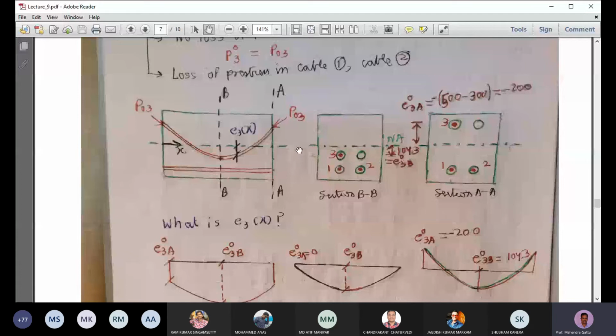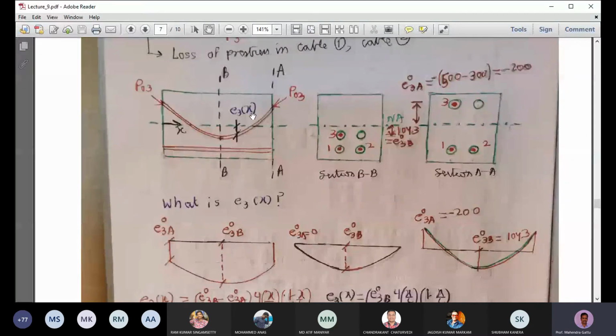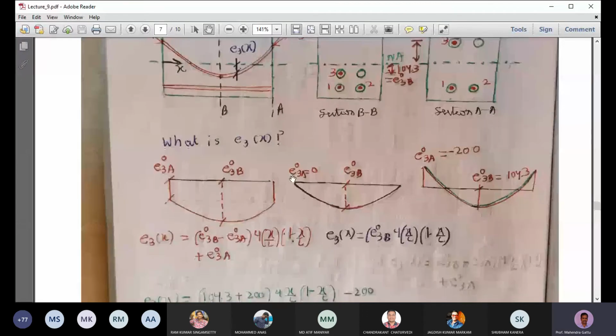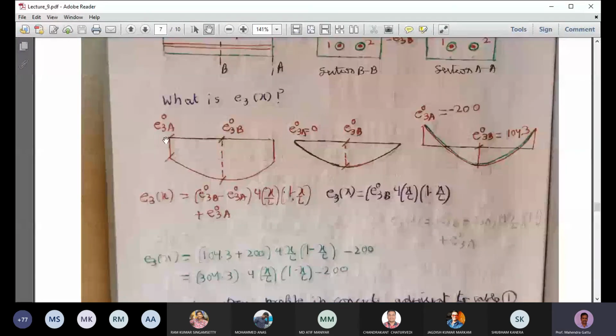First of all, what we have to do is find what E3 of x is as a function of x. We have to find that expression. To find that equation, let's assume some things here. We have eccentricity at the edges E0 3a, and eccentricity at the center, that is E0 3b.